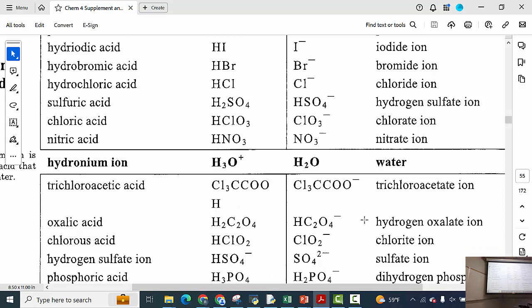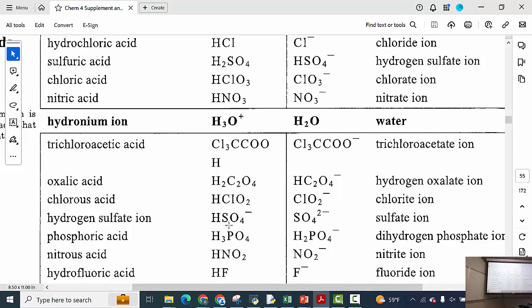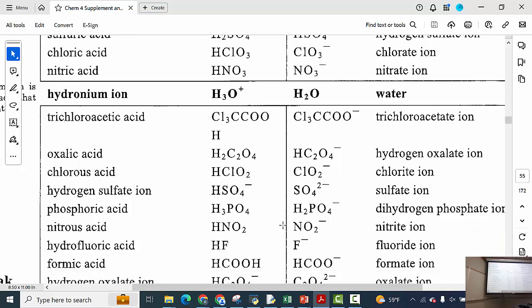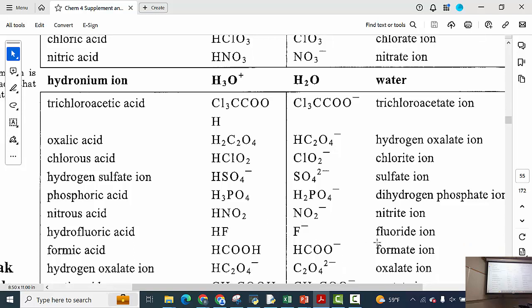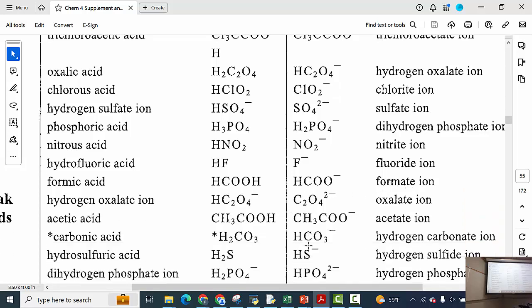Oxalate, oxalic acid. Sulfate, well, this sulfate forms sulfuric acid up here, but to form the acid anion, bisulfate. Phosphate, phosphoric. Nitrite, nitrous. Formate, formic acid, etc.